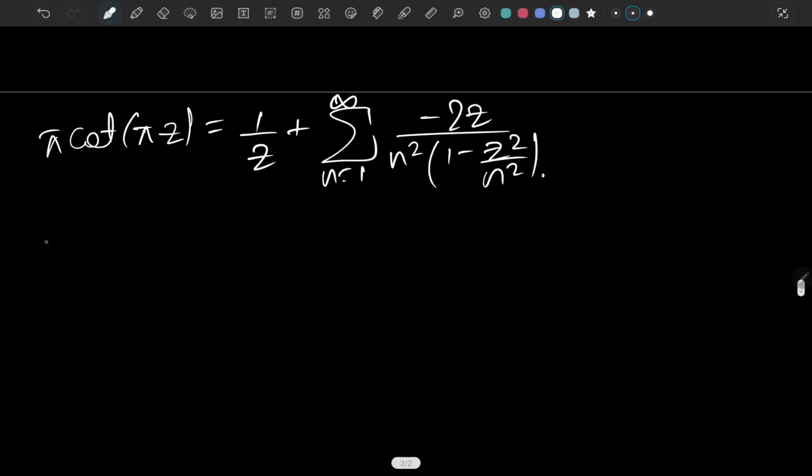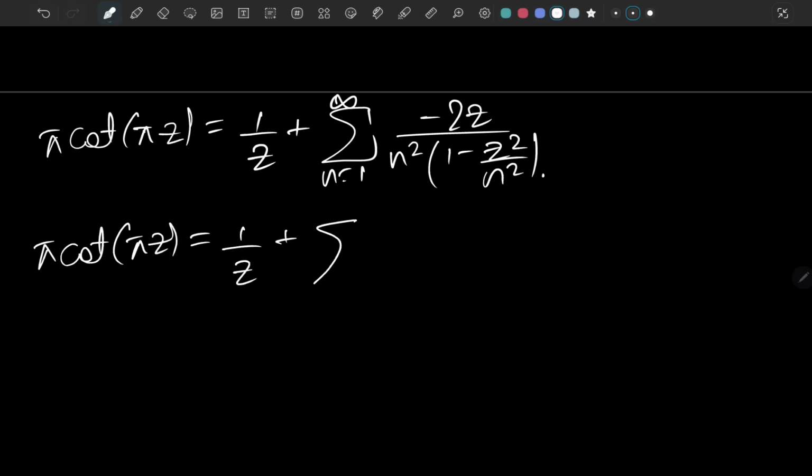Now we multiply this into the parenthesis, so we have pi times cotangent of pi z equals 1 over z plus the sum as n goes from 1 to infinity of negative 2z over n squared minus z squared, right?